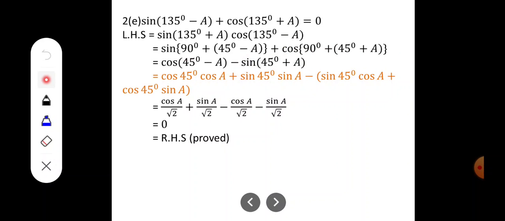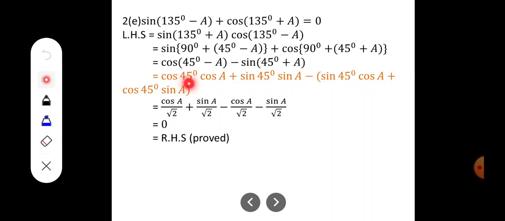Now we can apply cos A minus B formula, that is cos A cos B plus sin A sin B, and sin A plus B formula, that is sin A cos B plus cos A sin B. 45 degree equal A and A equal B. Consider 45 degree equal A and A equal B, that is sin A cos B plus cos A sin B.